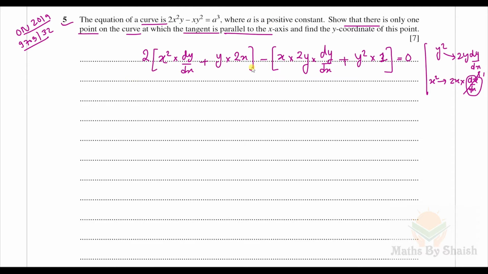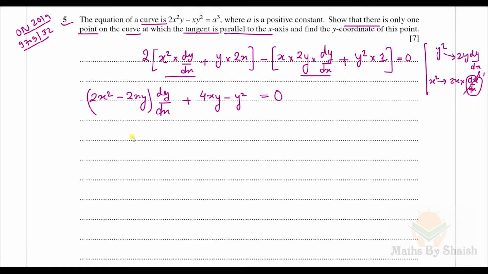Now we are going to collect the dy/dx terms. I can see dy/dx here and here as well. So I'll write (2x² − 2xy) dy/dx plus 4xy, and this is minus y², equal to 0.